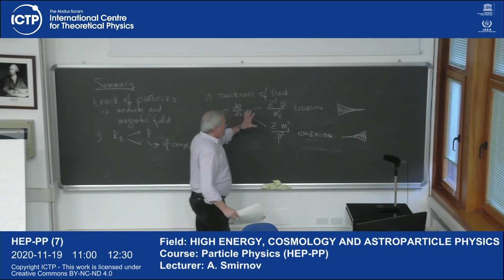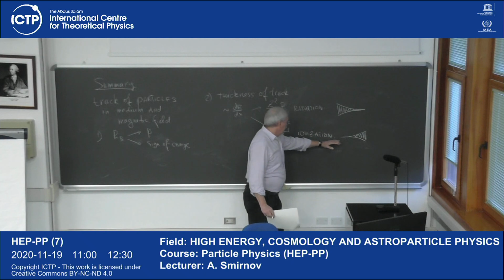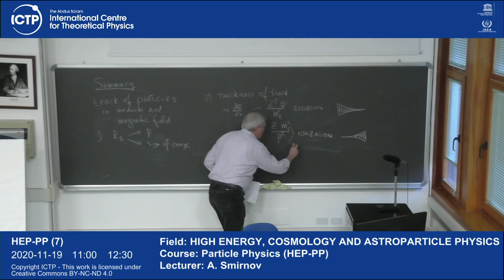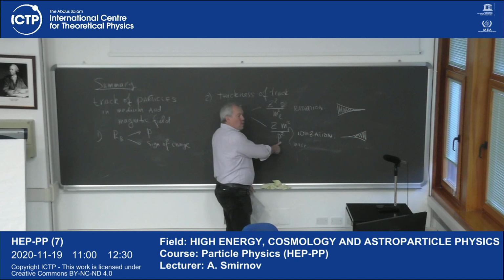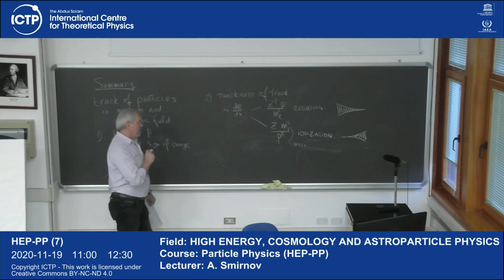So, once we identified which kind of energy loss occurred, for instance, we have ionization, then measuring dE over dx, we can get the mass of the particle. Since we know what is p, so we determine momentum from the trajectory in the magnetic field.